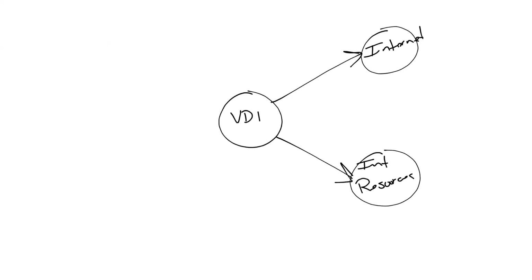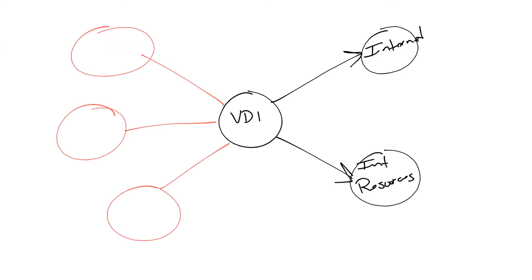But you want to microsegment the VDI EPG into three different groups, because you don't want these groups to talk to each other. So you want your HR environment, your finance environment, and your marketing environment to be completely microsegmented from each other. But you want them to still have communication to the internet and to the internal resources.